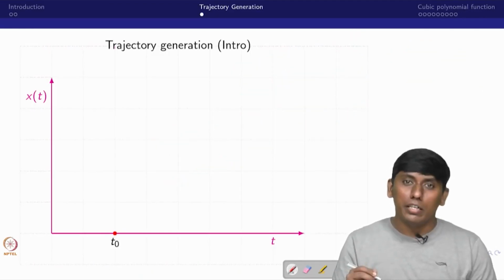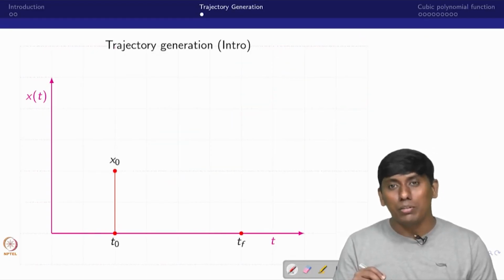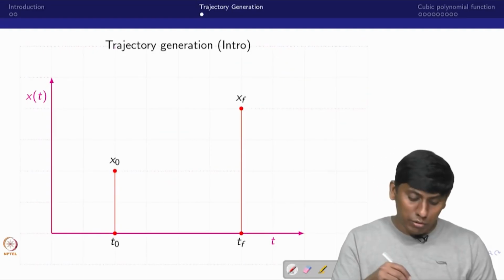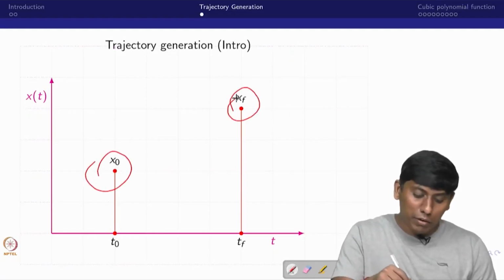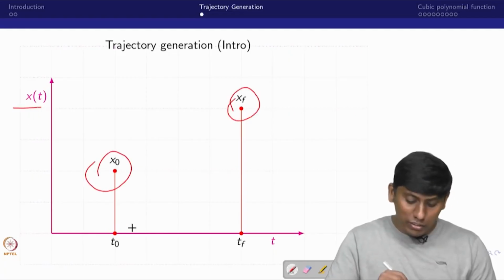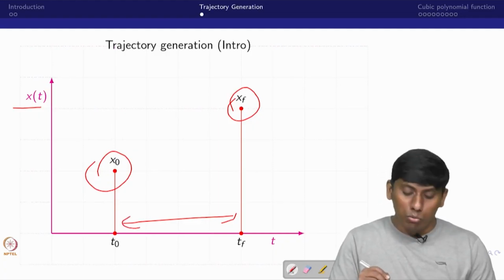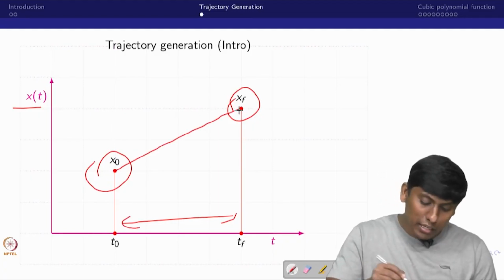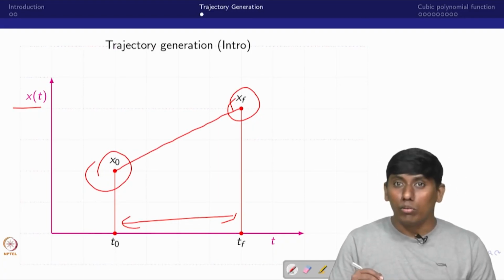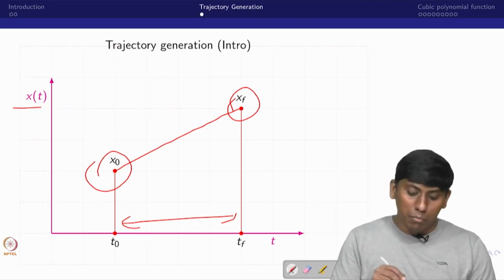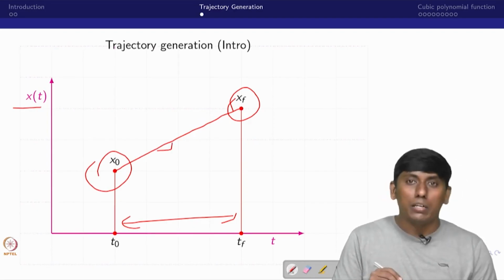Whatever I have written analytically, we can see in a symbolic or graphical manner. This is the initial point, and this is the final point of x of t, and this is the duration which I want to see. One of the easiest is to connect as a straight line, which is really a better one. But what happened, the velocity would be constant.